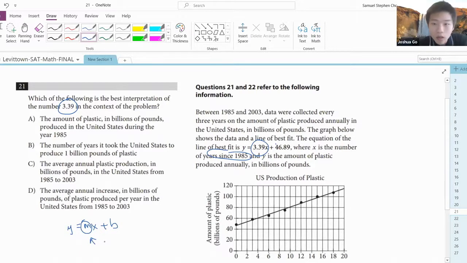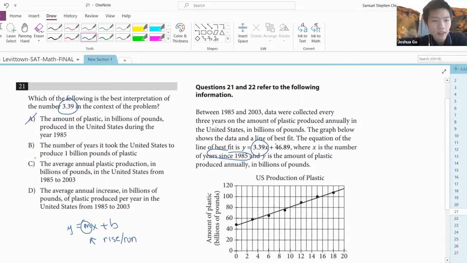So here, A says the amount of plastic in billions of pounds produced in the United States during the year 1985. And that clearly isn't it, because that's simply the Y value at that certain time. For B, B says the number of years it took the United States to produce 1 billion pounds of plastic.